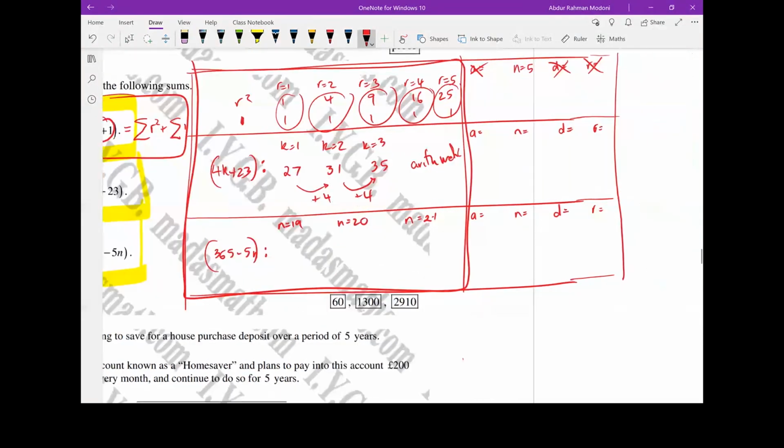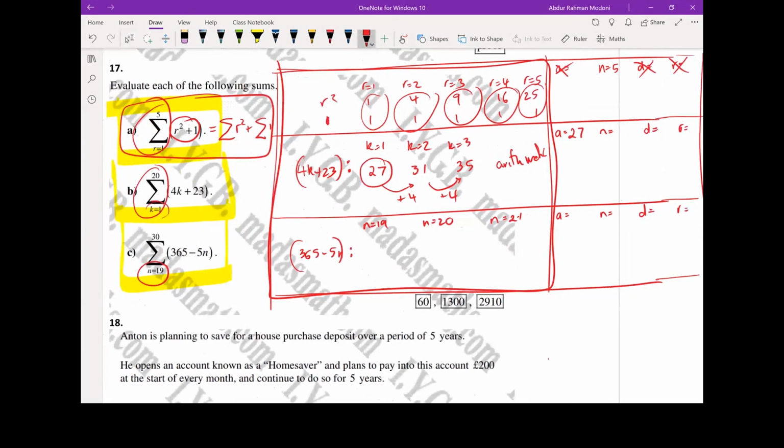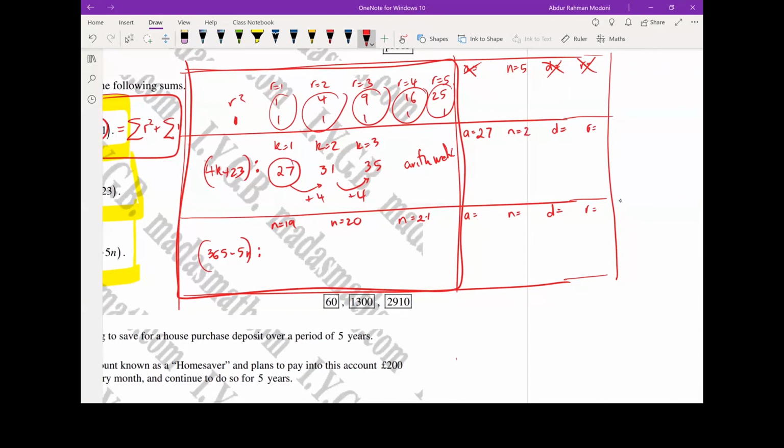And since it's an arithmetic, I can write down what my first term is. My first term is 27. How many terms am I adding all the way from 1 to 20 inclusive? There are 20 terms there, so n is equal to 20. What's the common difference? 4. r does not apply because that's for geometric. So then I can use my appropriate formula for an arithmetic series. Sn is equal to n over 2. Get the idea.